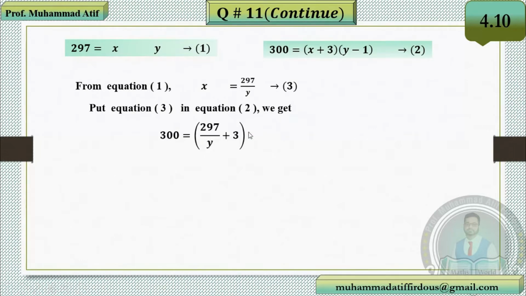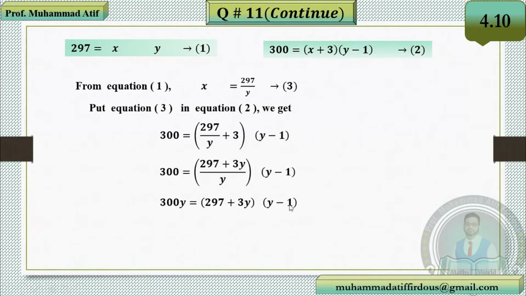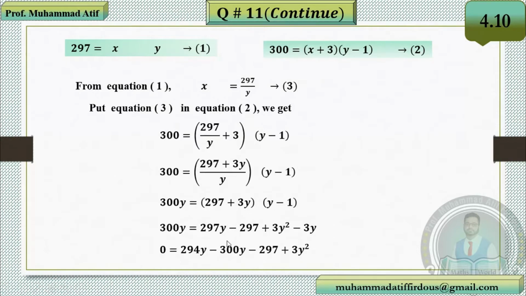So by replacing x by 297 over y, we have this, just taking LCM of this bracket, we have 297 plus 3y over y. Just multiply this y on your left hand side, we have 300y into this. Just multiplying on your right hand side, we have this, and just simplify this.